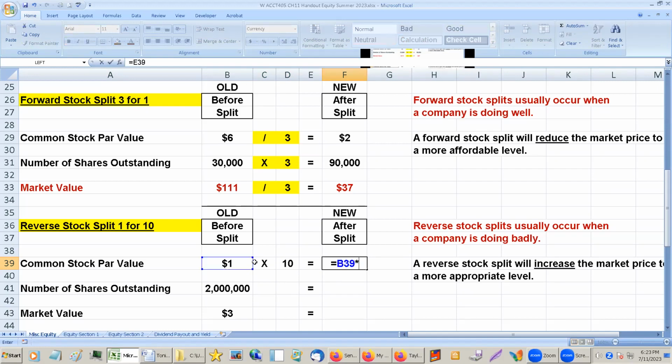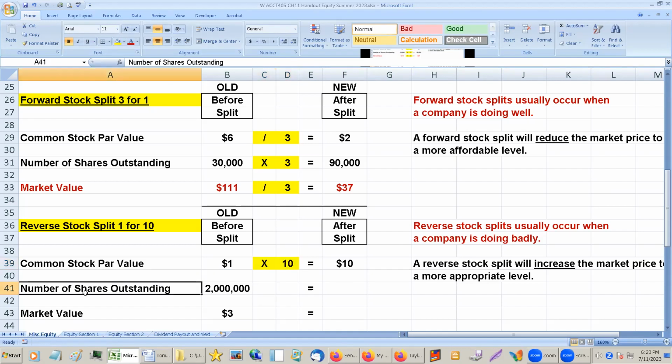I didn't need to multiply this. 10 times 1 is. Now the number of shares outstanding, these are going to be reduced because for every 10 of these, you get one of the new ones. So, did that again.